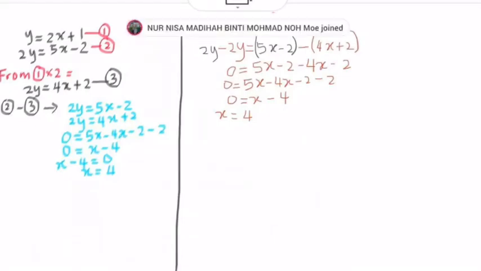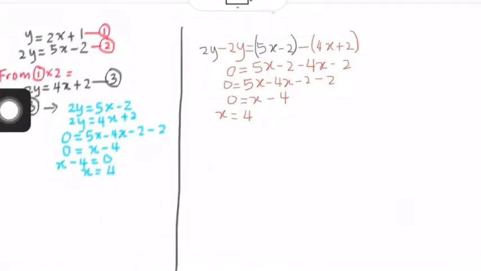Kalau equation 3, you have here 2y, kena kira lagi lah. Sini pun equation 2, you have 2y. Tapi equation 1, you ada y dah. Memang you nak cari y, kan? Jadi senang lah kita ganti dalam equation number 1.